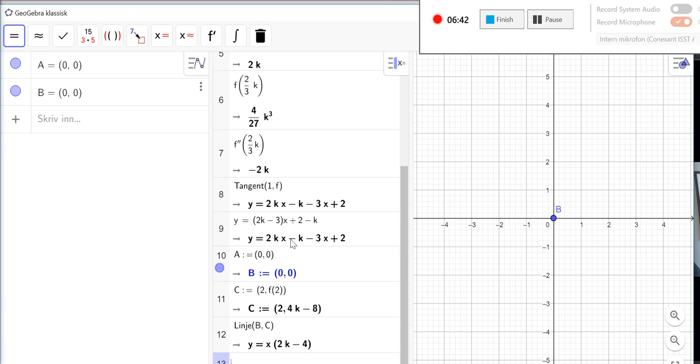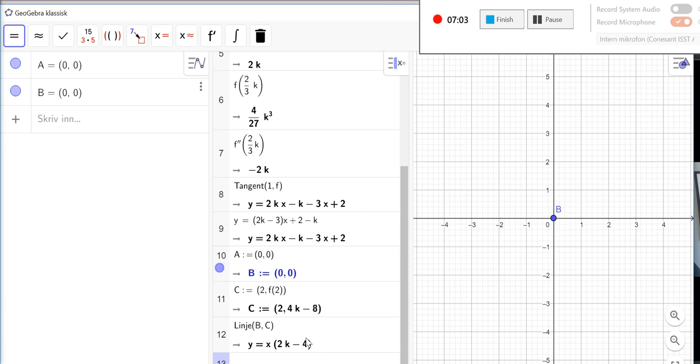Okay. And the slope of the tangent line is 2k minus 3, right? So this is difficult, but the slope of the tangent line is 2k minus 3. The slope of the line between B and C, which is the average rate of change, is 2k minus 4.